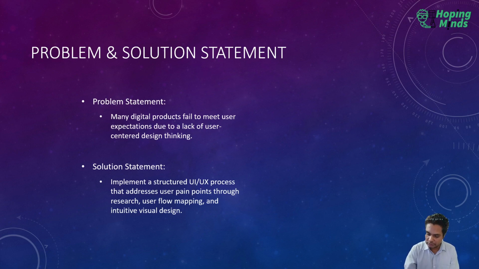What is the solution you came up with from your research, and what do you think can help the user, not by just assuming, but by doing research and coming up with a solution which can help the application get more users and help the user navigate to each of the features faster within the application. That is why you need to first do these two most important things: come up with a problem statement and then come up with a solution statement which is going to help you in the long term.